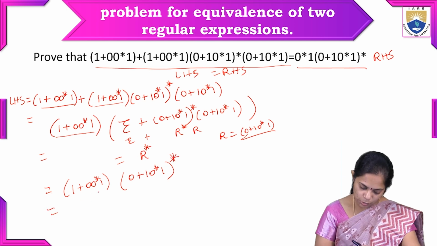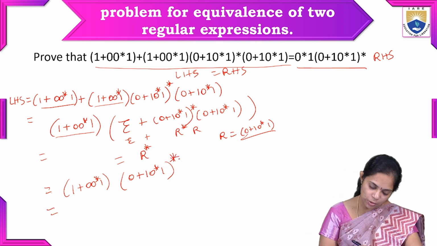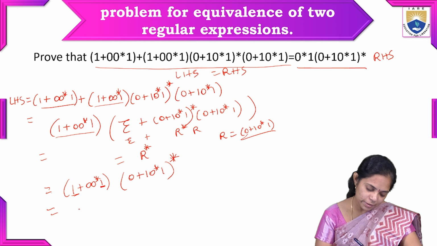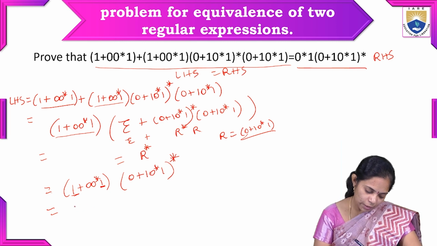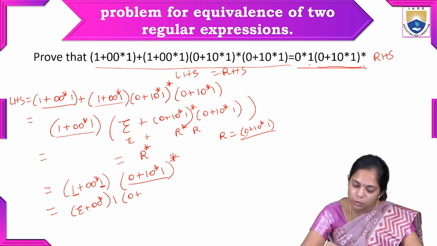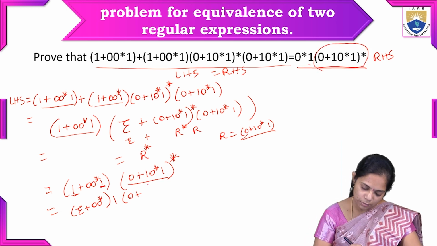After this operation, what we will get is the common thing. Here we are taking epsilon plus 00 star of 1, and again the same thing is there, so no need to solve this one.